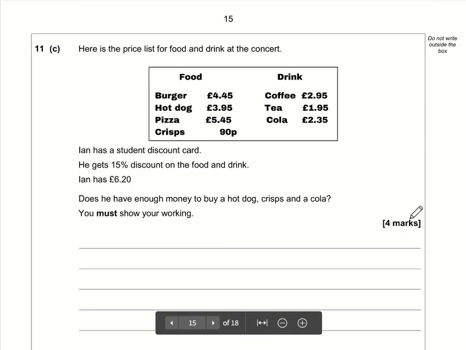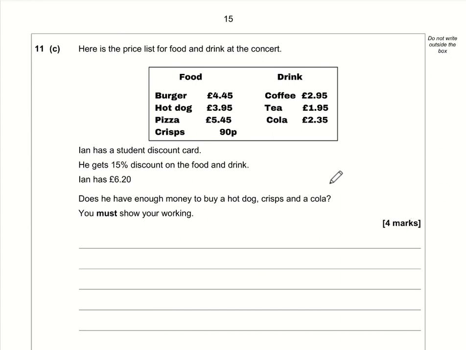Okay, on to question number 11C. So here's the price list for food and drink at the concert, and Ian's got a discount and he gets 15% off. Does he have enough money to buy a hot dog, crisps and a cola?